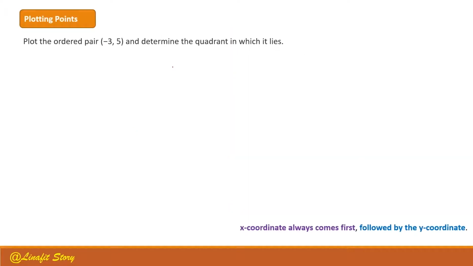Plotting points. Plot the ordered pair (-3, 5) and determine the quadrant in which it lies. So when you are drawing on millimeter graph paper, draw the horizontal line. This is the x-axis. Remember, the x-coordinate always comes first. Then this is the vertical line, the y-axis. Here is the origin, (0, 0).